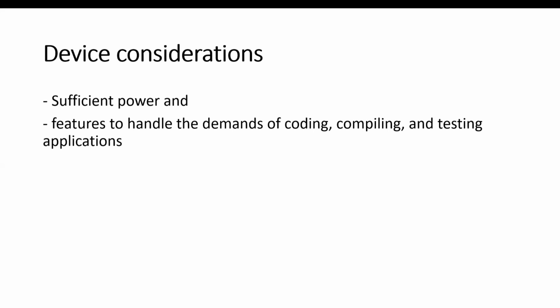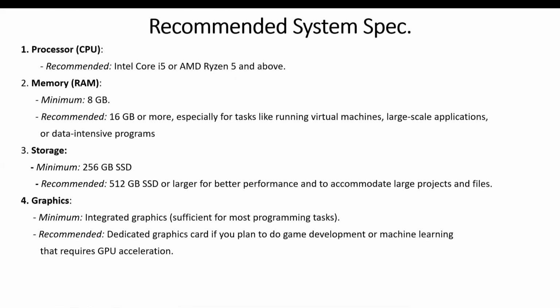You want to ensure that the device you are buying has a good battery, for sufficient power. And also you want to be sure that the system has features that can handle the demands of coding, compiling and testing applications. This is the mindset with which you purchase whatever system you are trying to buy, or you can check the one you have to see whether it meets the requirements.